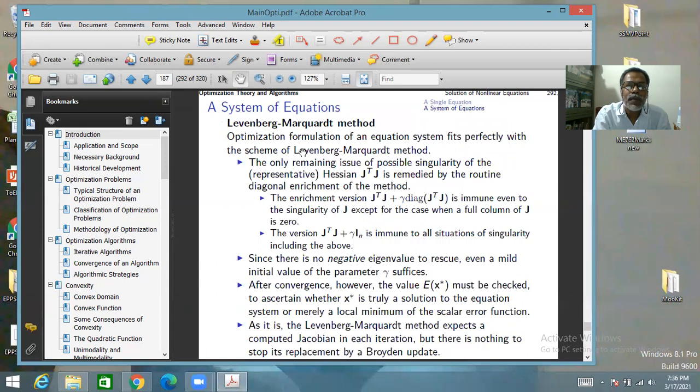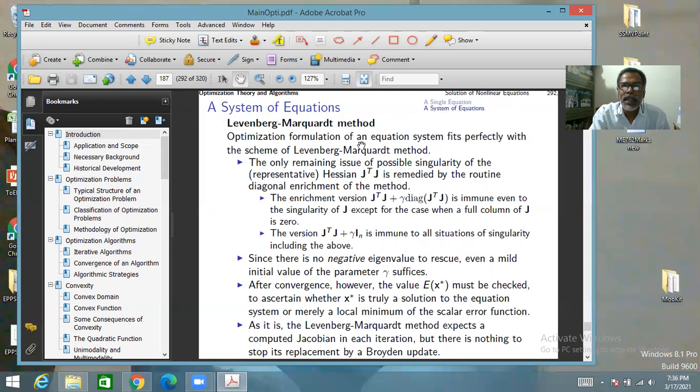So for this optimization problem, you can use many methods, any optimization method. But as we have earlier discussed in the last lecture, the Levenberg-Marquardt method fits the bill best.